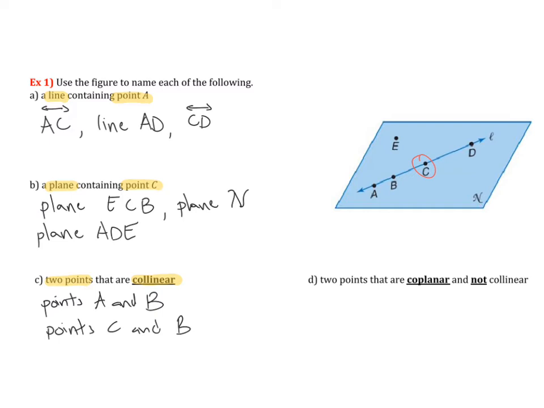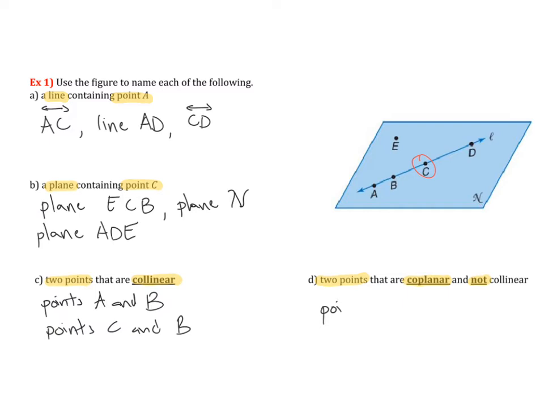And then the last part of this problem asks us to name 2 points that are coplanar, but keep in mind they cannot be collinear. Again, that means that they cannot be on the same line. So if I want to name 2 points that are not on the same line, I need to use point E, which is currently not on line L or line CD, however you want to name it.